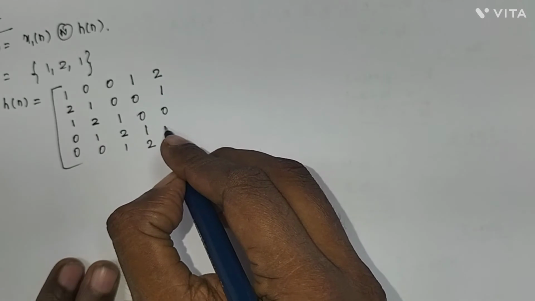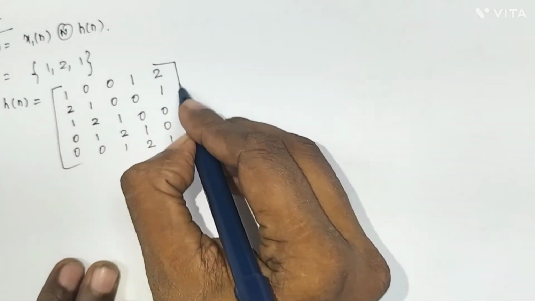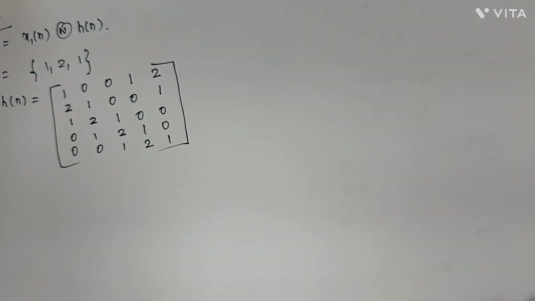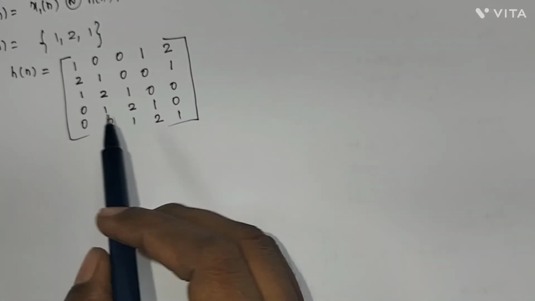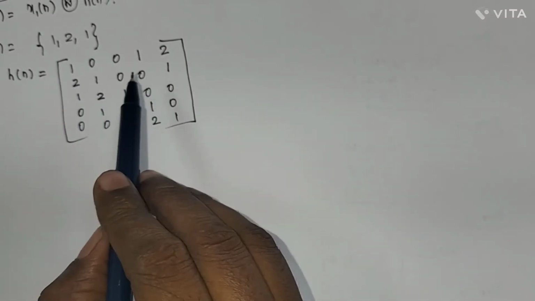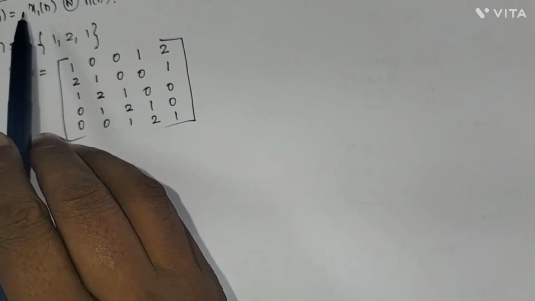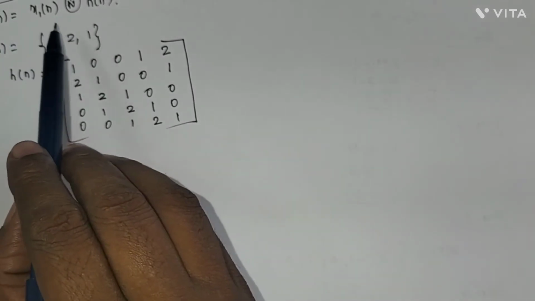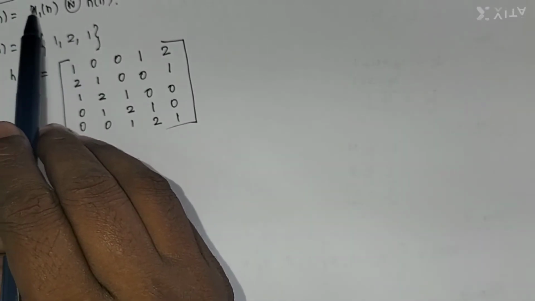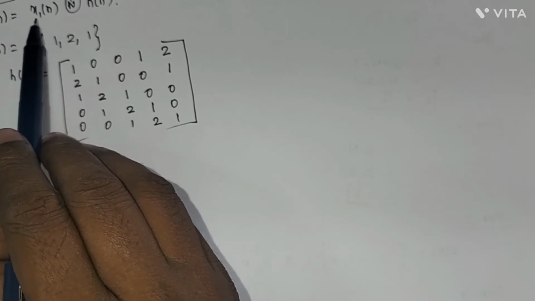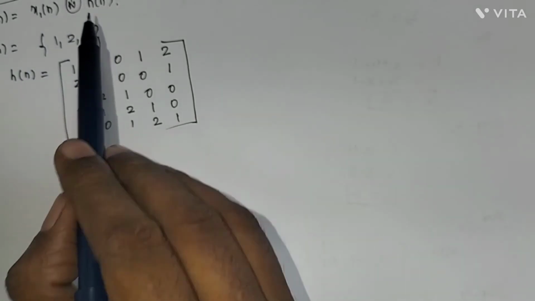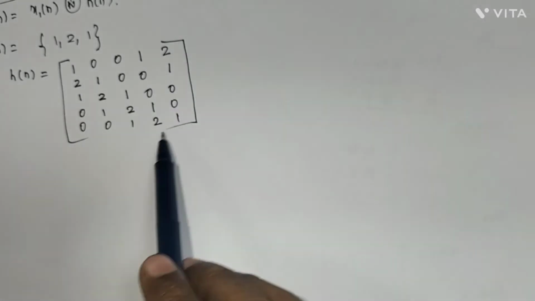So 5 cross 5. Okay, why we have chosen h of n: h of n is a fixed one, whereas x of n, we are going to compute the circular convolution for different subblocks. So h of n is a fixed one, so I am writing h of n in the circular, that is matrix form.